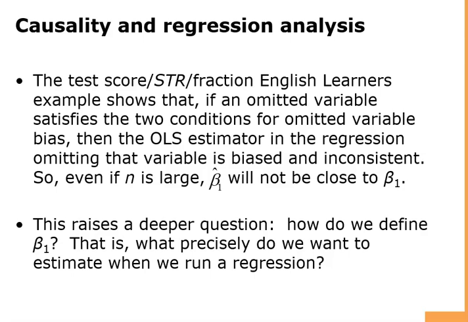Now this raises a deeper question in the sense that how do we define beta 1? Like what precisely do we want to estimate when we run a regression?